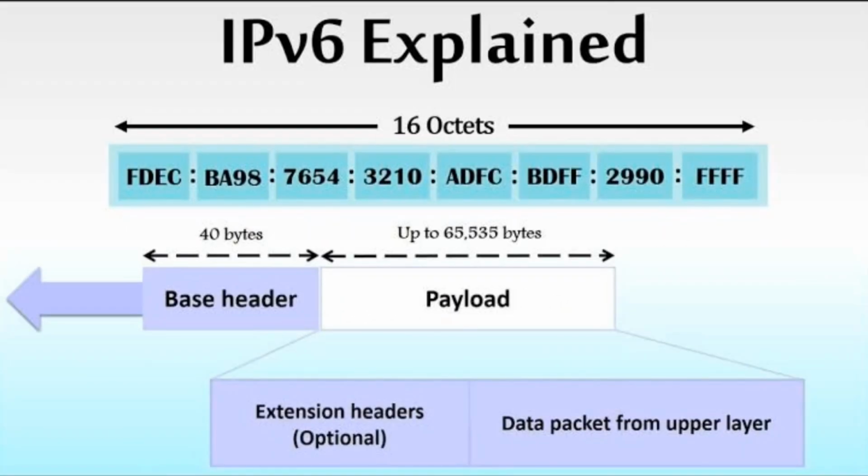Each IPv6 address is divided into 8 groups separated by colons. And IPv6 is written in hexadecimal format, which means it uses both numbers and letters. This allows for a much larger address space compared to IPv4, making it the future of the internet.